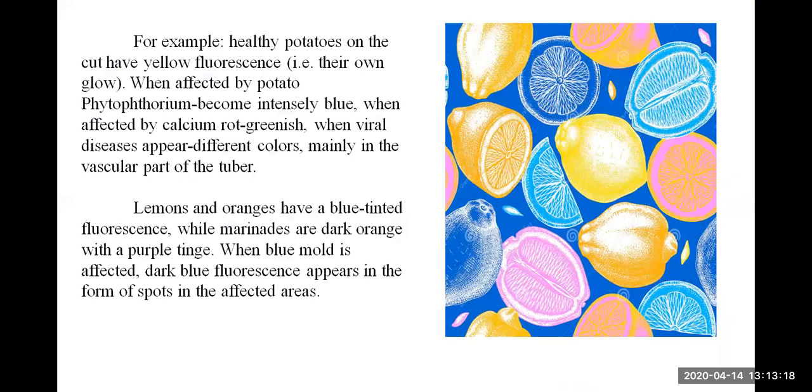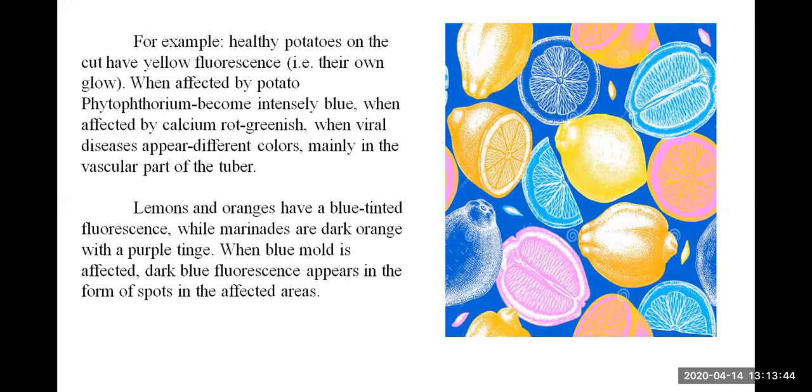For example, potatoes on the cut have yellow fluorescence. When affected by potato phytophthora, the color becomes intensely blue. When affected by calcium rot, greenish. When there is a viral disease, different colors appear, mainly in the vascular part of the tuber.